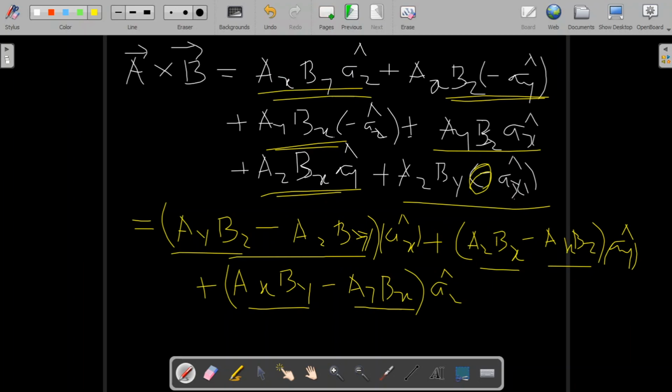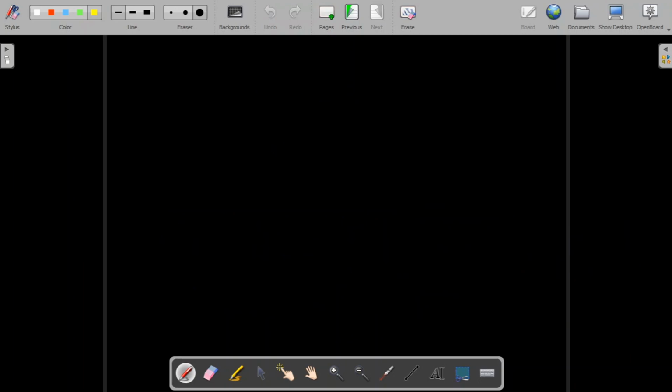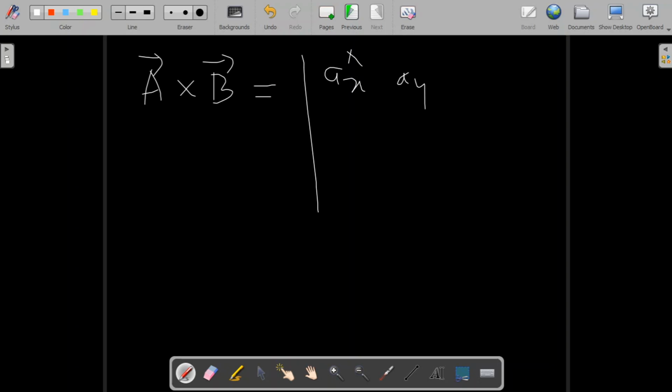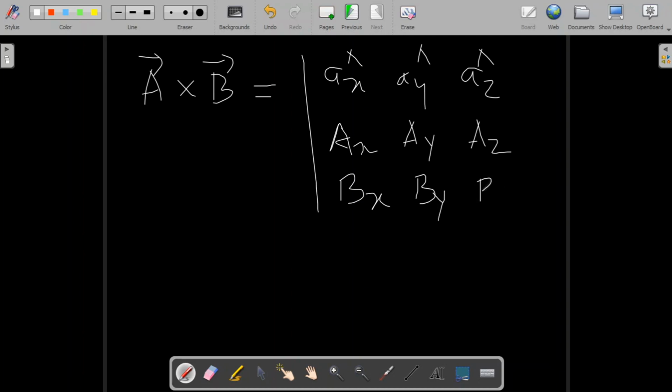Let us see how it is. What if I write that equation, A cross B, as a determinant of ax cap, ay cap, az cap; ax, ay, az; bx, by, bz.